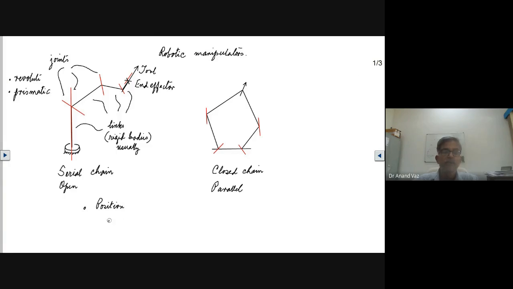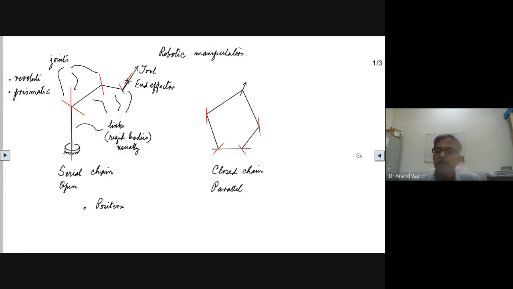Now every rigid body, say a point on the rigid body, we can specify its position. Usually we specify this position with respect to a reference frame.